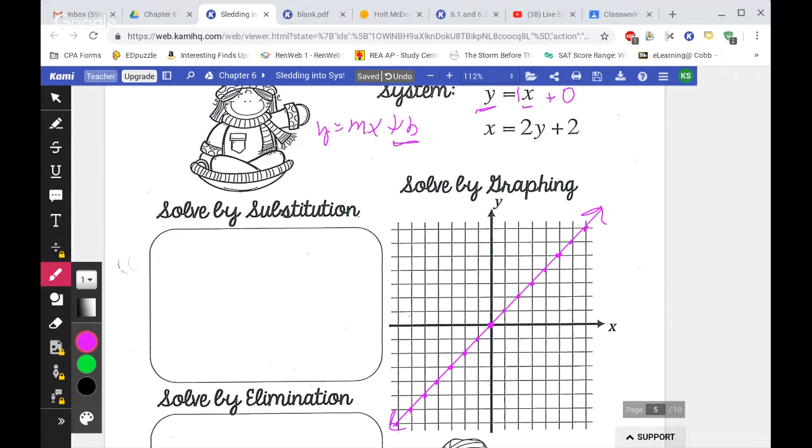Now this one, I'm going to have to subtract 2y from both sides. And now I have x minus 2y equals 2. And now I've got to subtract x from both sides. And I have negative 2y equals negative x plus 2. And now I'm going to divide both sides by negative 2.